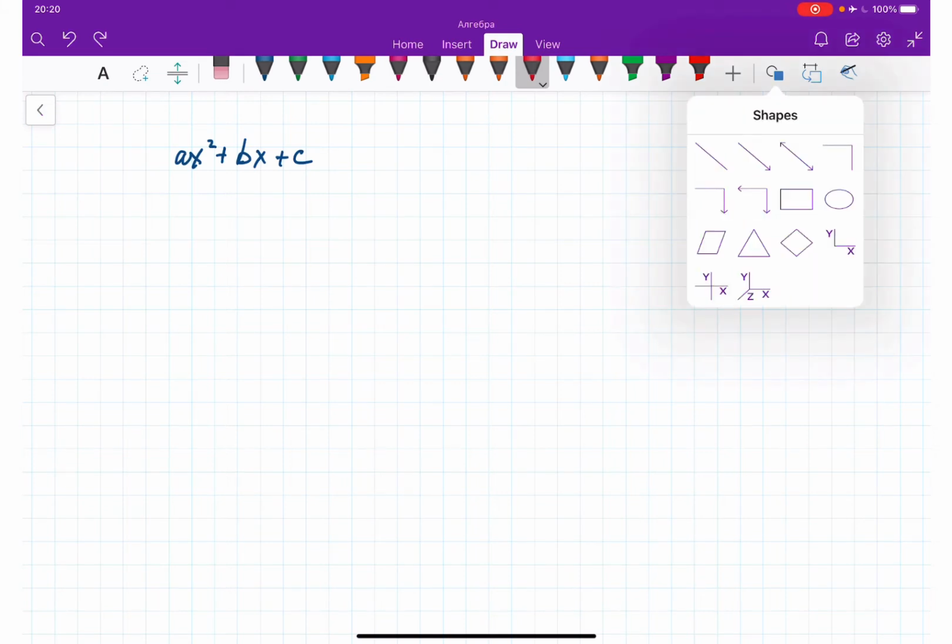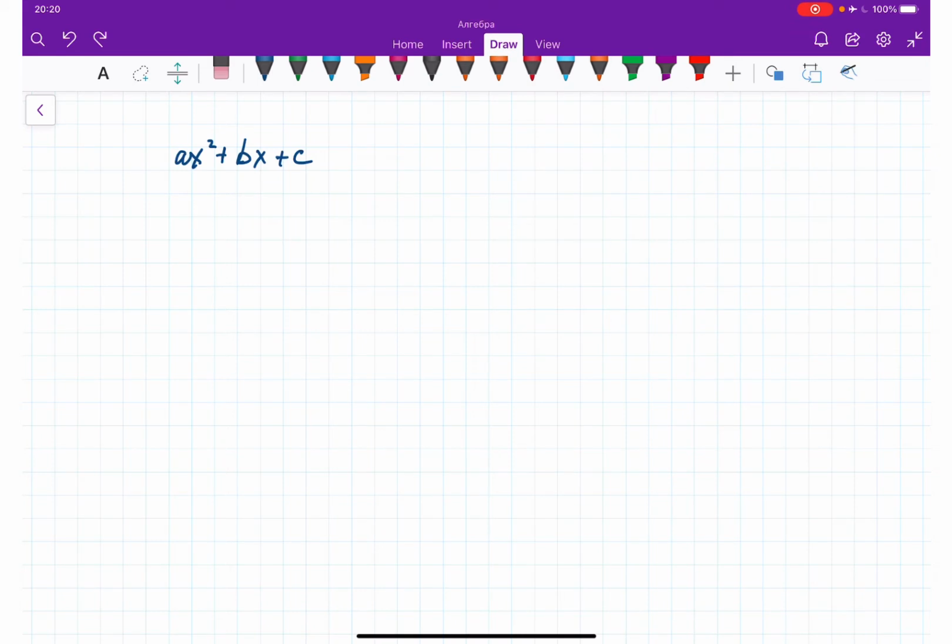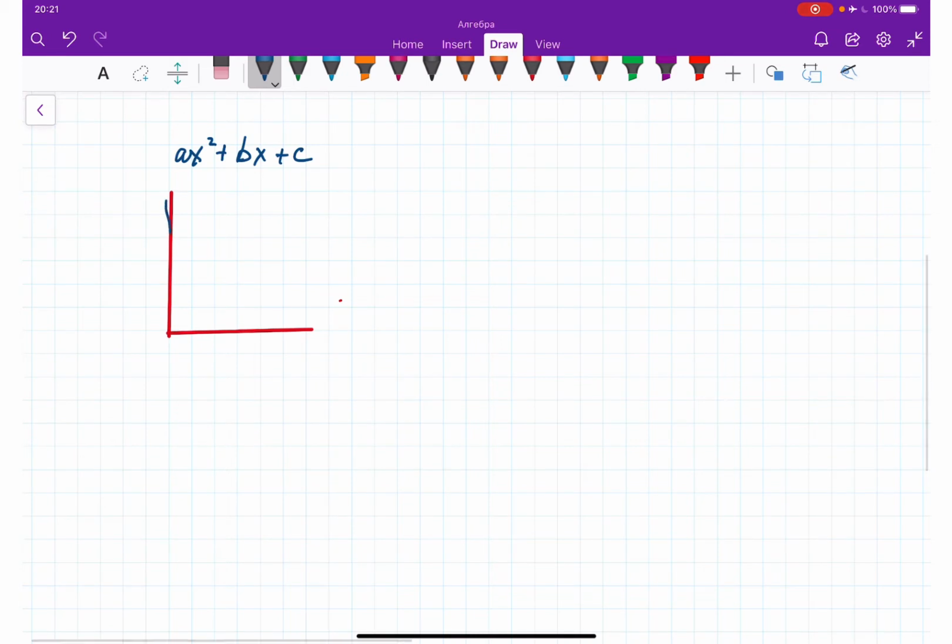So, if I have here, let's say, a parabola, not bad, but still use your imagination, it's supposed to be symmetric.